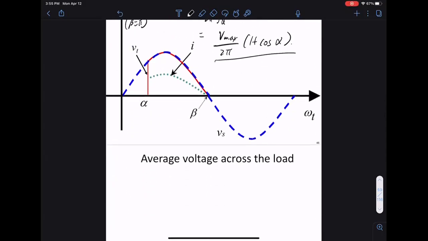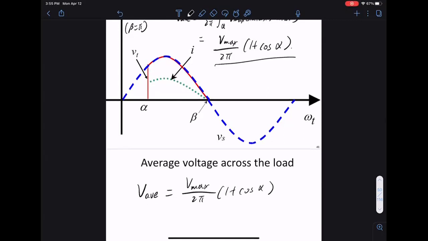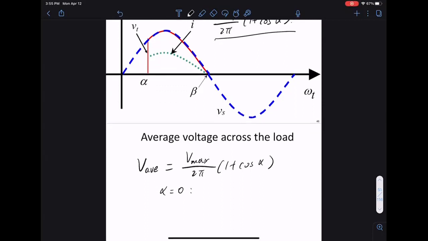Okay, so let's do a sanity check of this equation, meaning does this line up with our intuition about how alpha should work. If alpha equals 0, what happens?